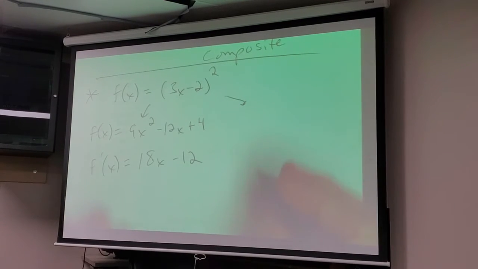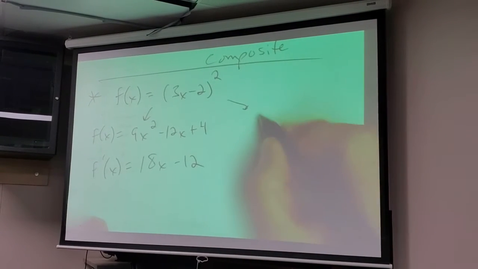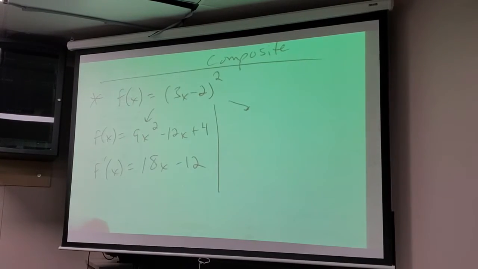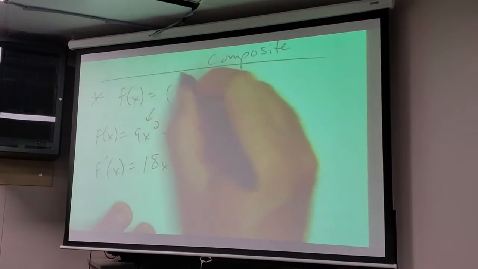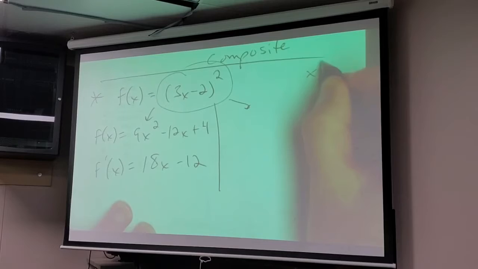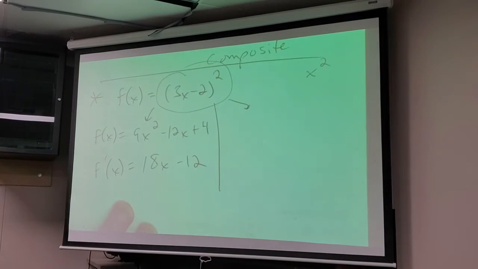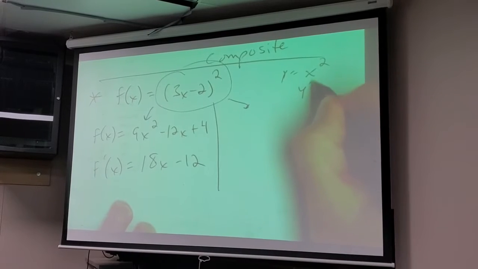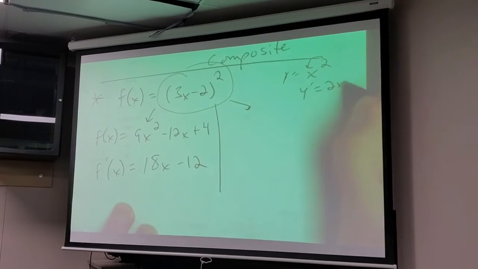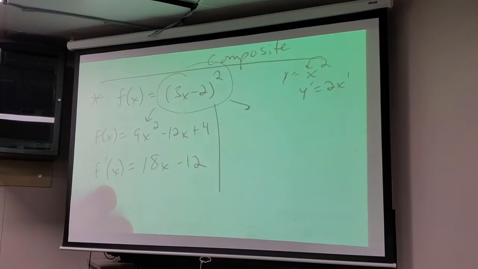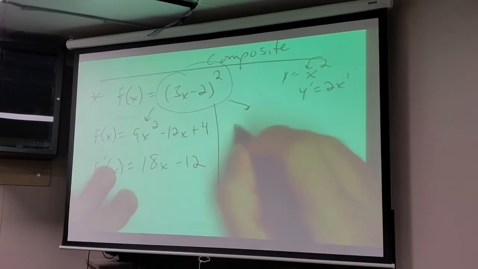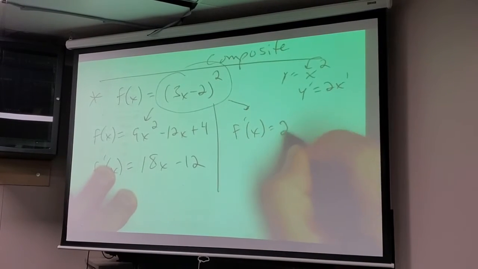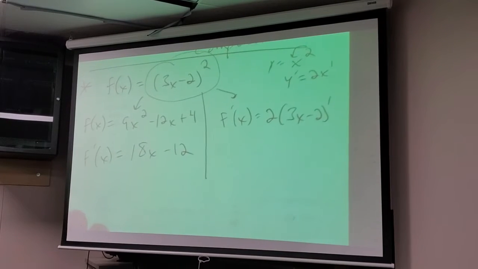Okay. So if I naively believe that this derivative works like this derivative does, right? What's the derivative of x squared? So that would just come down and it would go down by 1, right? So if I believed that this is going to work the exact same way, do I get what I know?